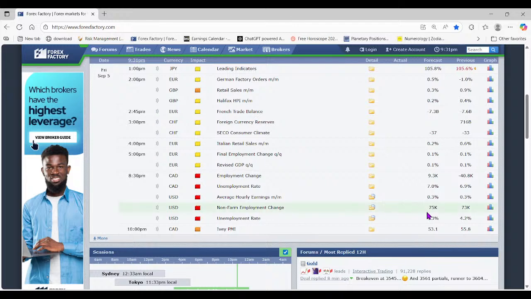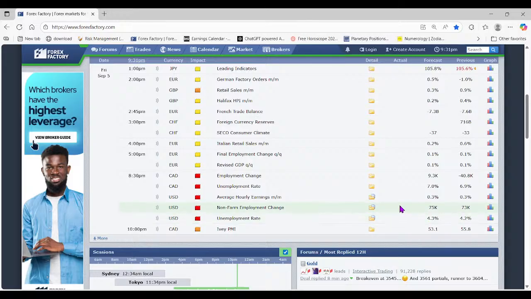The non-farm payroll previous was 73K, and market forecast is 75K. Unemployment is forecast to be 4.3, and the average hourly earnings is about 0.3.